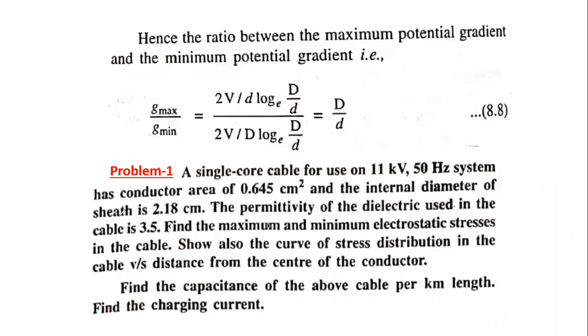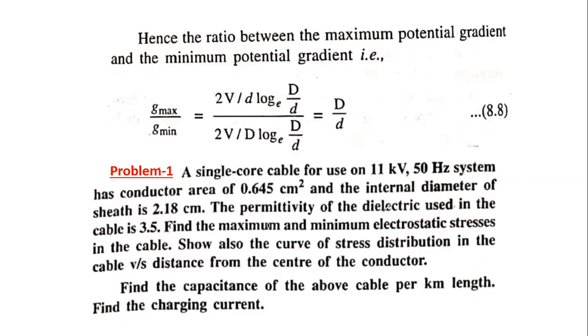Next, coming to the problem related to the dielectric stress of a single core cable. A single core cable for use on an 11 kilovolt 50 Hz system has conductor area 0.645 centimeter square and internal diameter of the sheath 2.18 centimeters.